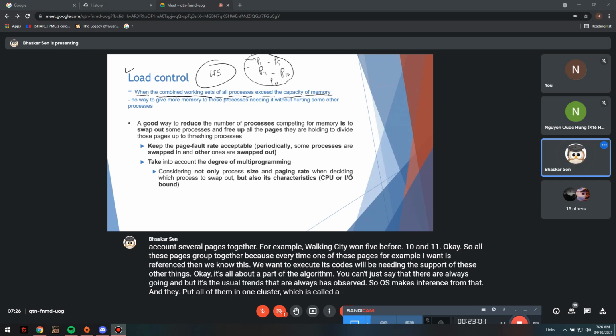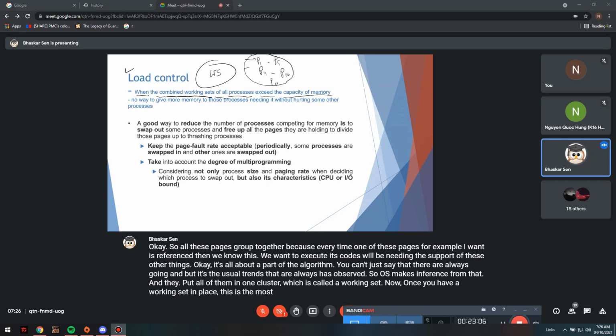So the OS makes an inference from that, and puts all of them in one cluster, which is called a working set. Now, once you have a working set in place, this is the most important thing. Imagine that you can only replace one working set by another working set.